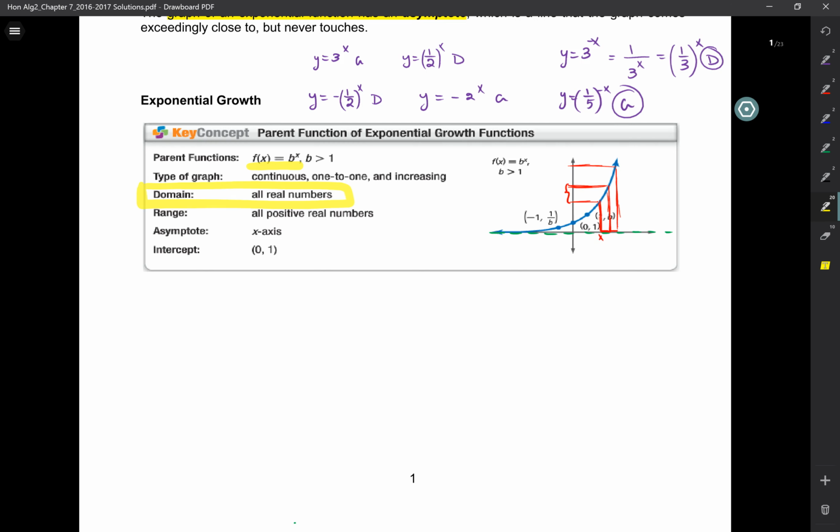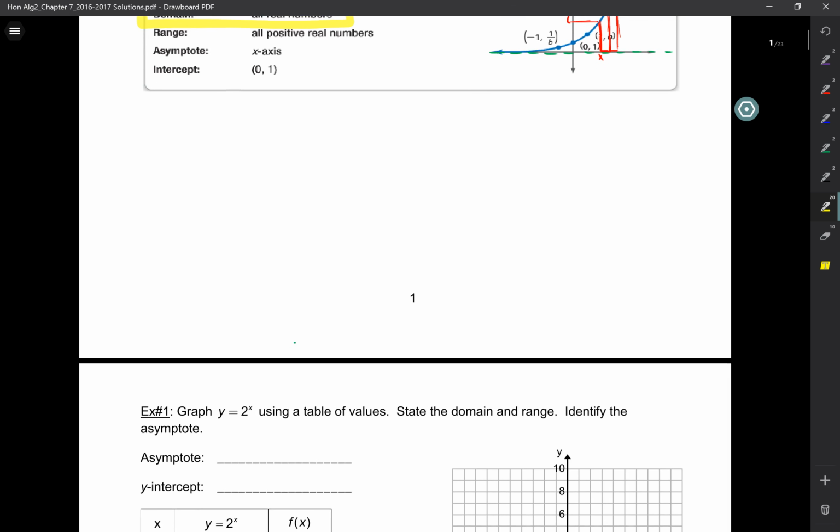Yes? So for the range? It never reaches the axis. It's not necessarily all positive. So it'd just be y. Yes, it is all positive numbers because it's just not 0. Oh, I see.